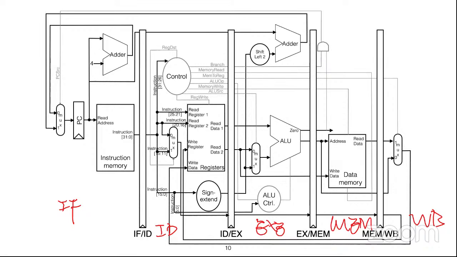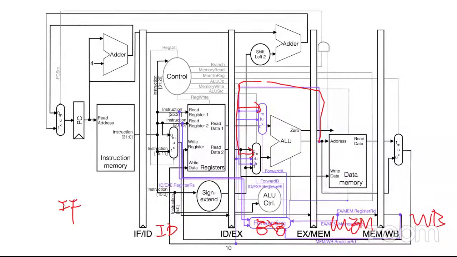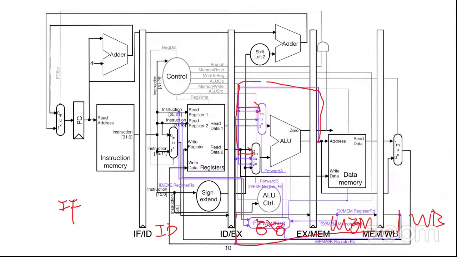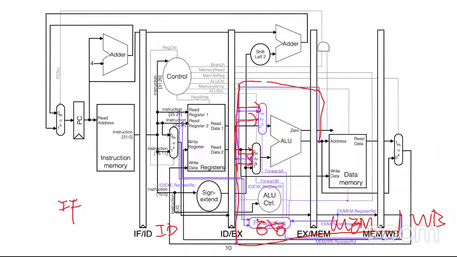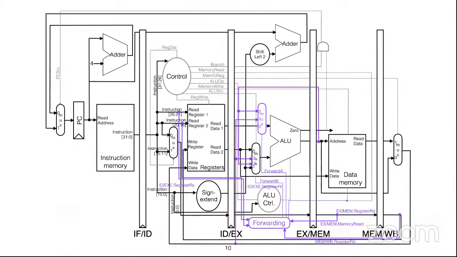If the instruction is now entering the execution stage, it may need the value from the previous ALU result, so we have this logic here. And if my value is in an instruction that's currently in its write back stage, I get the value from here. So that's the whole idea of data forwarding: we just have bypass logic to forward the value from wherever we want.